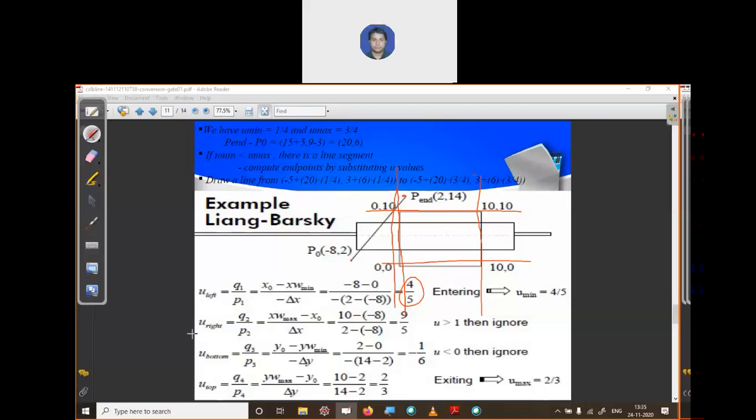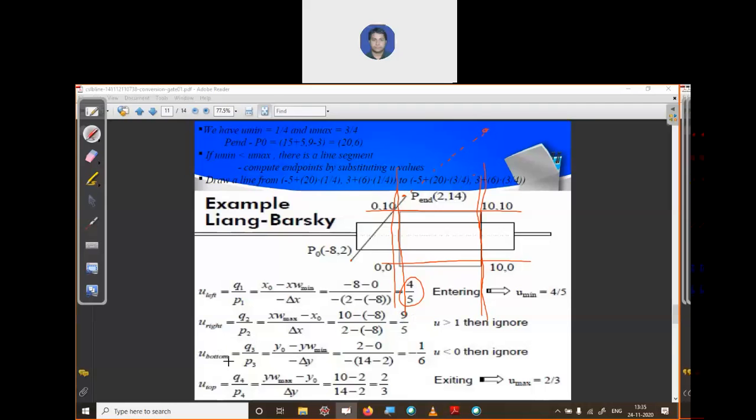For the right boundary, at which time will this line intersect it? As you can see, it is not intersecting, but if you extend it, it will intersect. So we find the value 9 by 5. At this time, this line will intersect your right boundary.